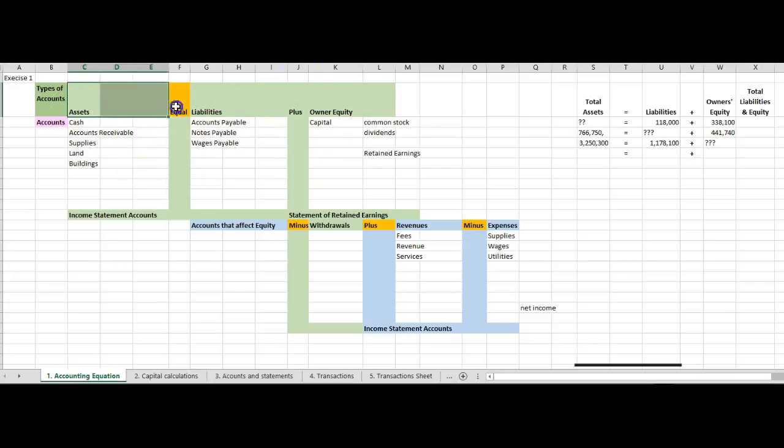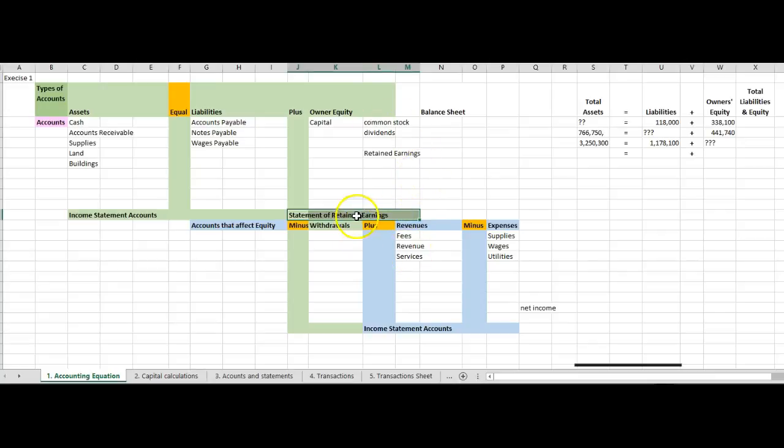Now, assets equal liabilities and owner's equity become the balance sheet. When we reconcile the beginning capital to the ending capital of the accounting period, we use the statement of retained earnings.